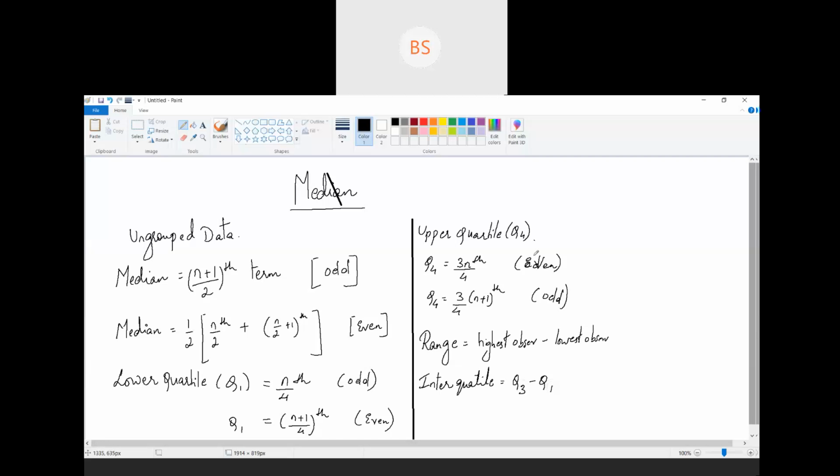Sorry, this upper quartile is Q3, not Q4. So Q3 minus Q1 will give us interquartile. So these are the few formulas which we'll be using in this lesson.